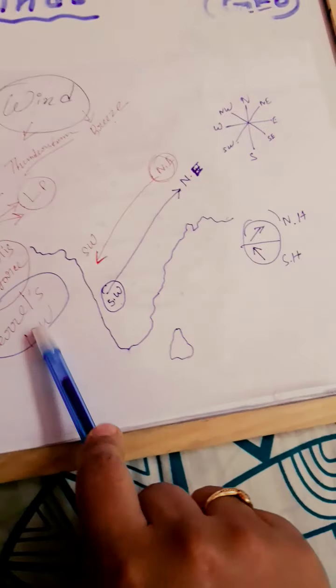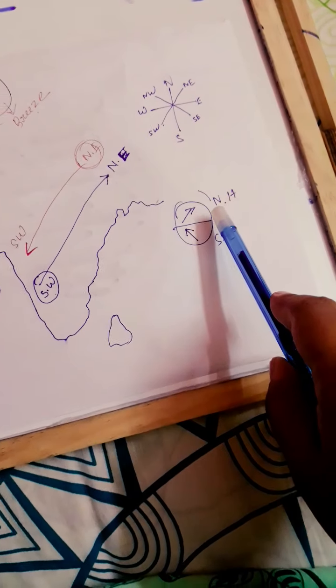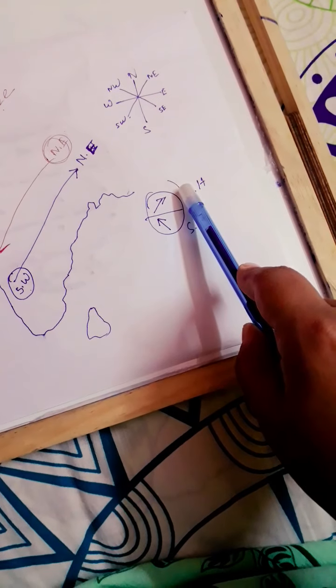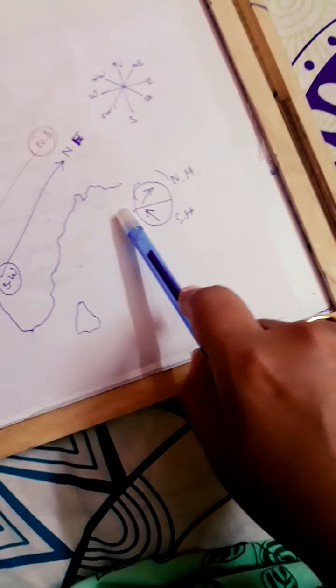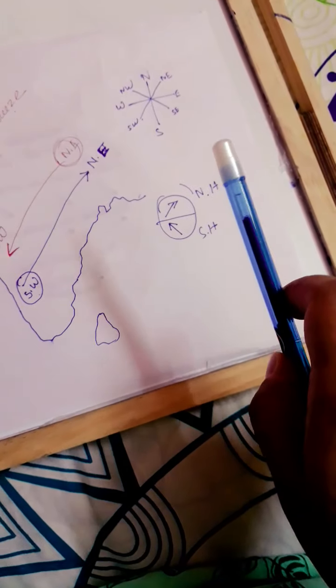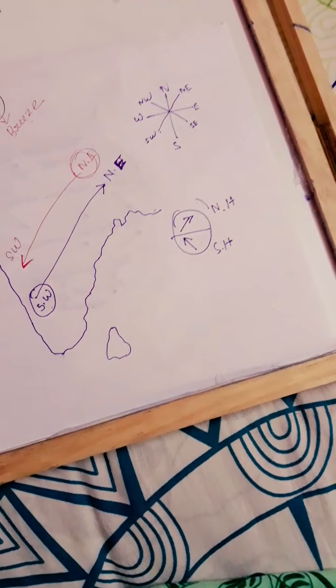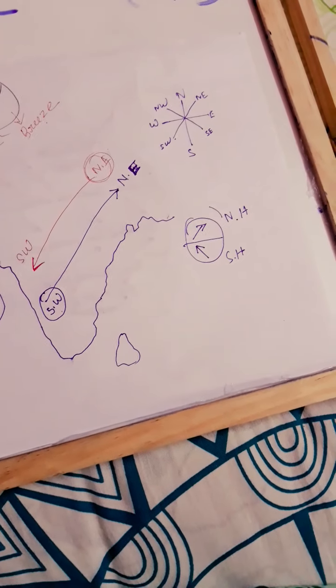Ferrel's law states that freely moving bodies are always deflected to the right side in the northern hemisphere and to the left side in the southern hemisphere. So this is the main thing of Ferrel's law. Now we will discuss the different types of winds. There are mainly 3 types of wind.